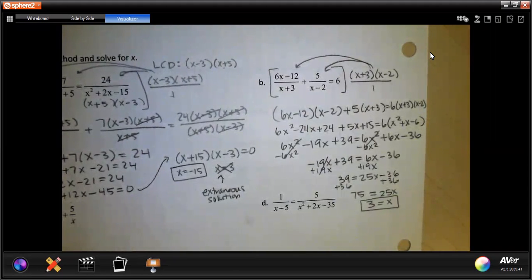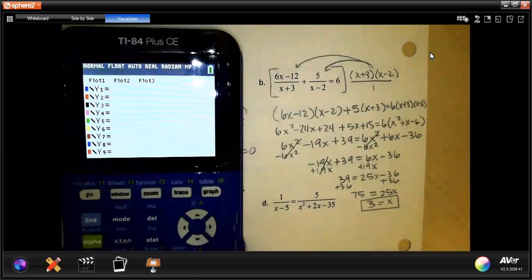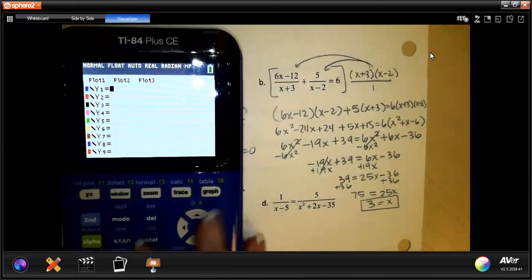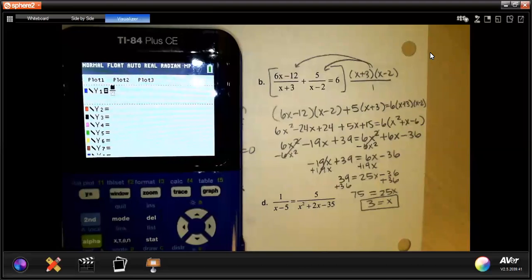All right. If you want a little cheat with rationals, or with any equation really that has an equal sign, we can always use the calculator to solve. So I am going to go ahead and throw that in here just so you see that. If I hit alpha y equals numerator over denominator, I can get a fraction.